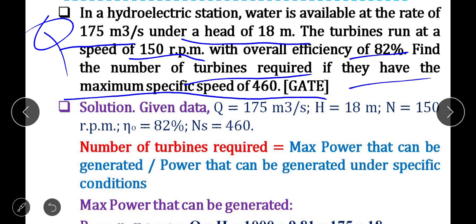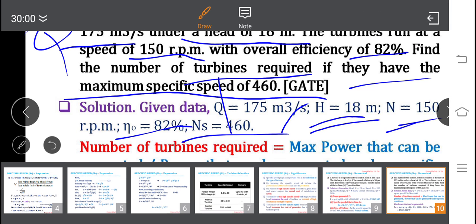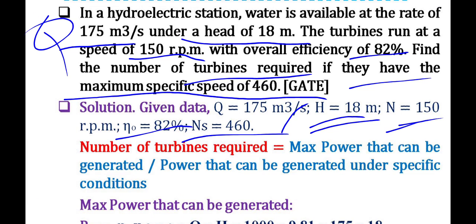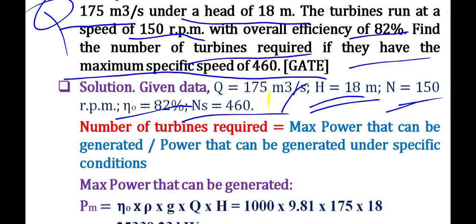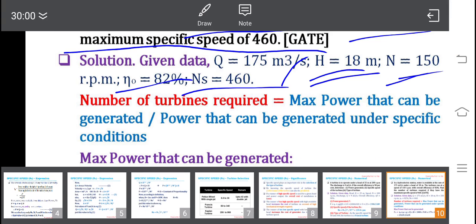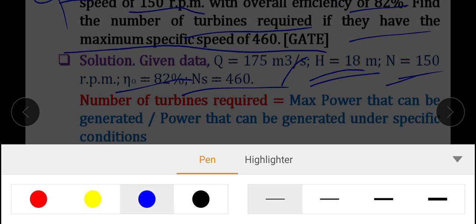Solution. Given data: Q is equal to 175 meter cube per second, H is equal to 18 meter, N is equal to 150 rpm, overall efficiency 82%, specific speed given 460. Number of turbines required is to be calculated. Therefore, I will pick up another color pen.